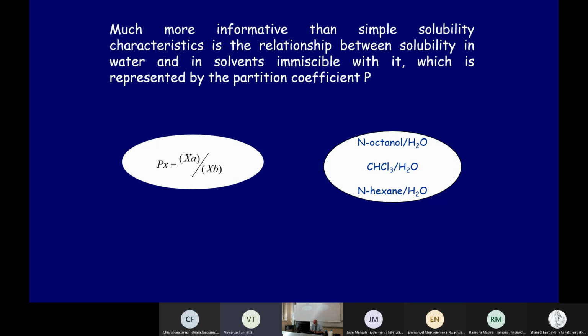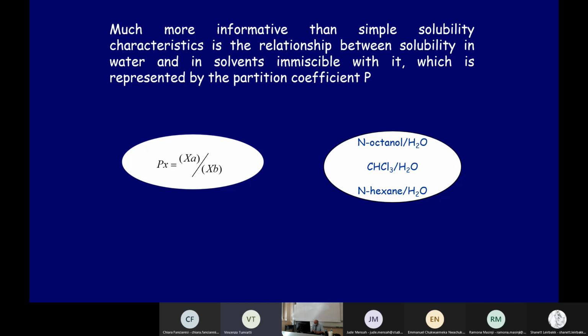How can we measure the partition coefficient, P? We have already described the importance of this parameter because it can allow us to determine if your drug is able or not able to cross the cell membranes.